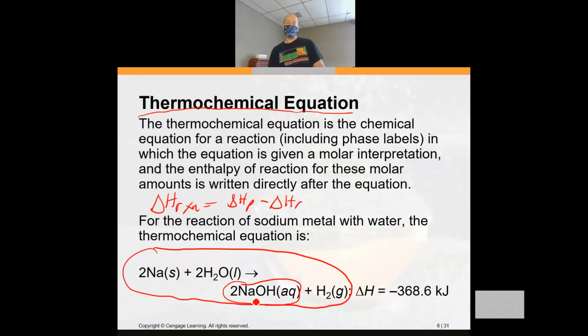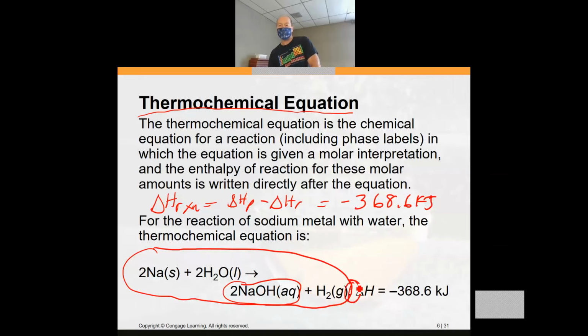You have 2 moles of NaOH plus 1 mole of hydrogen gas. You add those numbers up, you have 2 moles of sodium, 2 moles of water, you add those numbers up, you take your product number minus the reactant number, and you'll get a delta H value of negative 368.6 kilojoules.